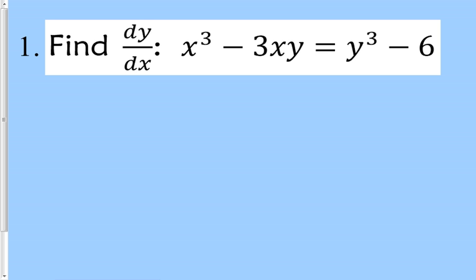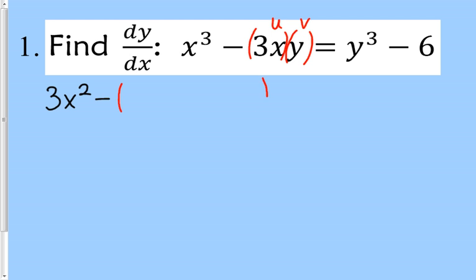Okay, so to start off, x cubed, that's 3x squared, minus, now the 3x and the y, that is a product rule. So this is how I'm going to split it up. This will be u, this will be v, and I'll just leave the negative outside so not to get confused with it later. I can distribute.